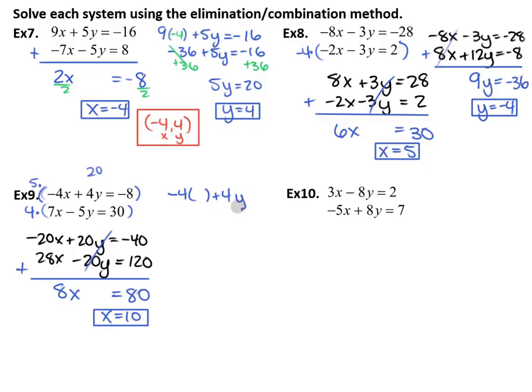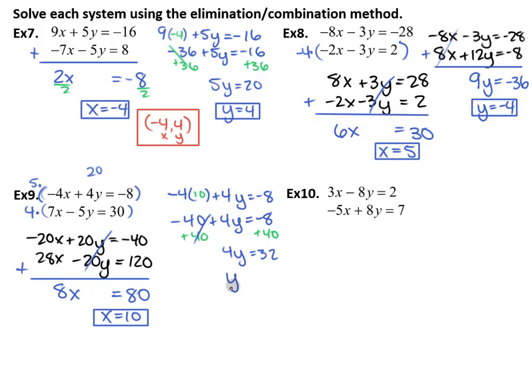Negative 4x plus 4y equals negative 8. And we'll substitute in our x coordinate we just found of 10 for x. Okay, so multiplying, we get negative 40 plus 4 times y equals negative 8. Add 40 to the other side. We get 4y equals positive 32.